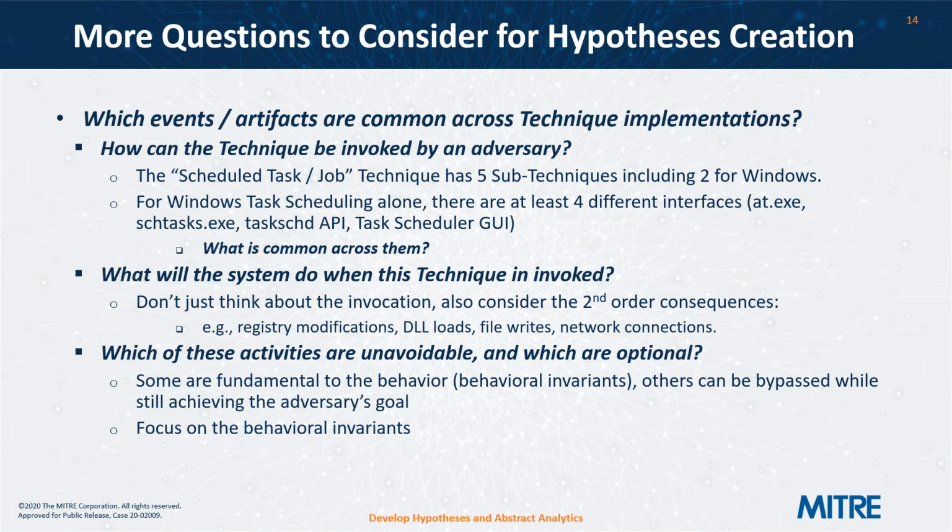We call these unavoidable actions behavioral invariants because they are the behaviors that don't vary based on how an adversary implements the technique. If they exist for a technique and we can detect them, this is a great place for us to focus our efforts.